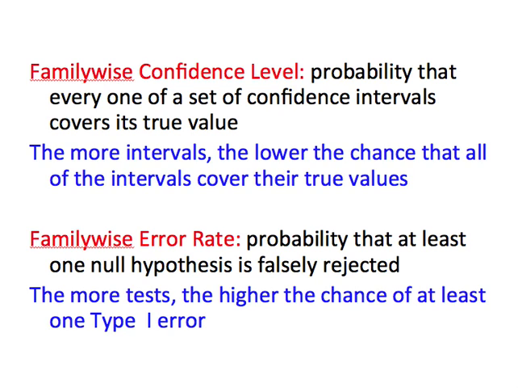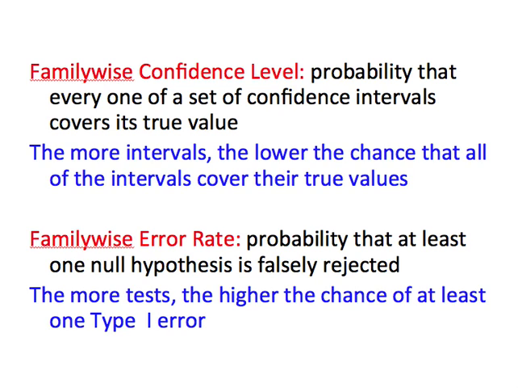The confidence level for one particular confidence interval is, say, 95, which means there's a 95% probability that that interval covers its true value. A family-wise confidence level is the probability that every single one of the confidence intervals that you have in the family covers its true value successfully.